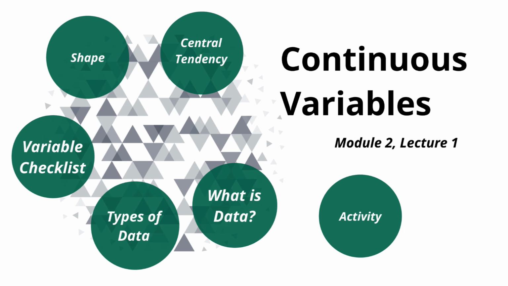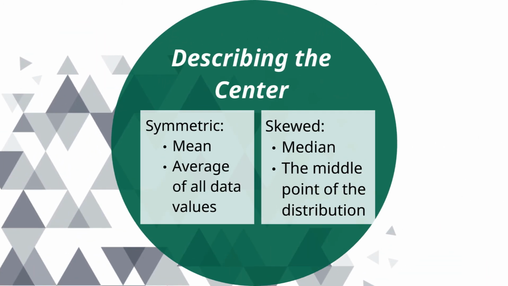So from the name central, you should understand that we're talking about the center or middle of the data, and where does it tend to be? When we are describing the center for symmetric data, we can use the mean value, which is the average of all data values. If it's skewed, we should use something called the median.